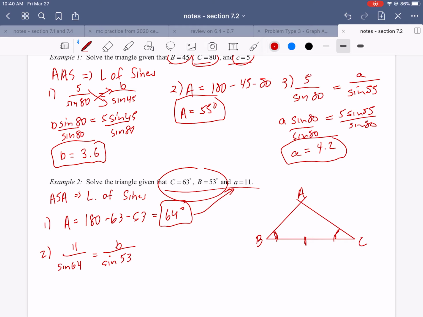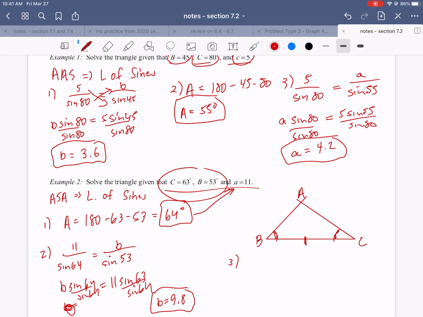So the B ratio would be B divided by sine of capital B, which is 53. Cross multiply and divide. So B sine of 64 is going to equal 11 sine of 63. And then divide both sides by sine of 64. And punching that into the calculator, rounding to the nearest tenth, B is equal to 9.8.